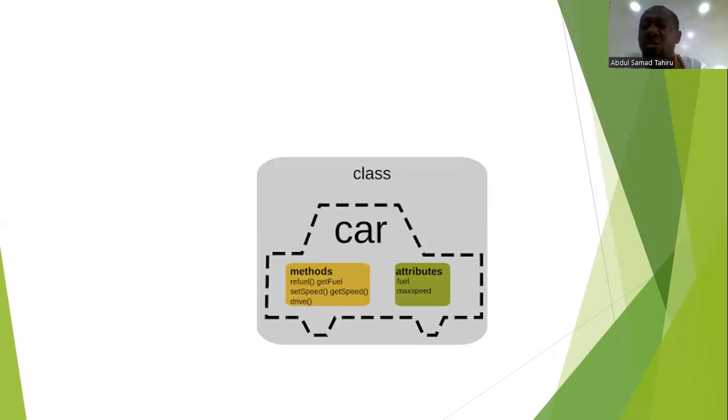These are the behaviors of the car. This is a blueprint for the behaviors of any car that you want to make out of this class. Then we can set some attributes like the fuel, the engine type, the maximum speed, the color of the car. So this is what we call attributes or data members of the class.